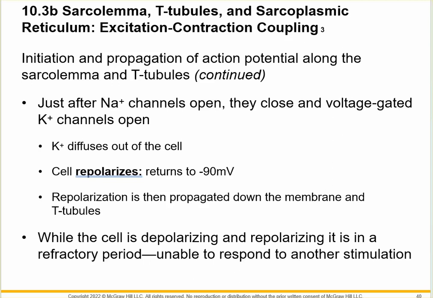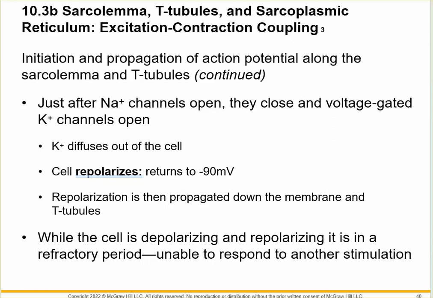So there's a quick repolarization. So at this point, the cell membrane is polarized again because potassium's on the outside and sodium's on the inside. The outside has returned to a positive nature, but it's the wrong ions outside versus inside.